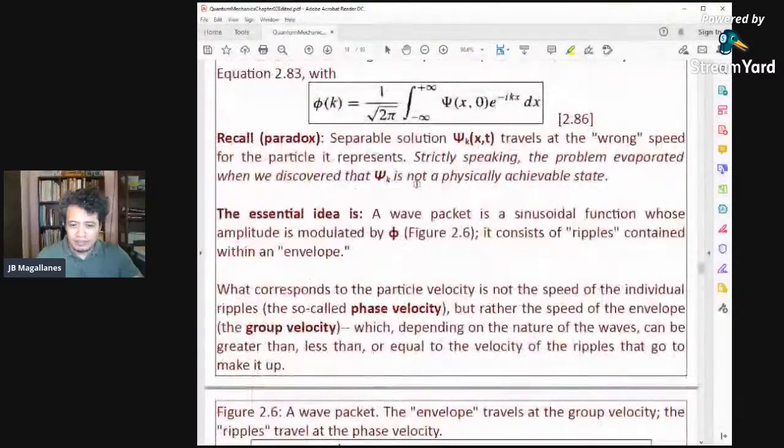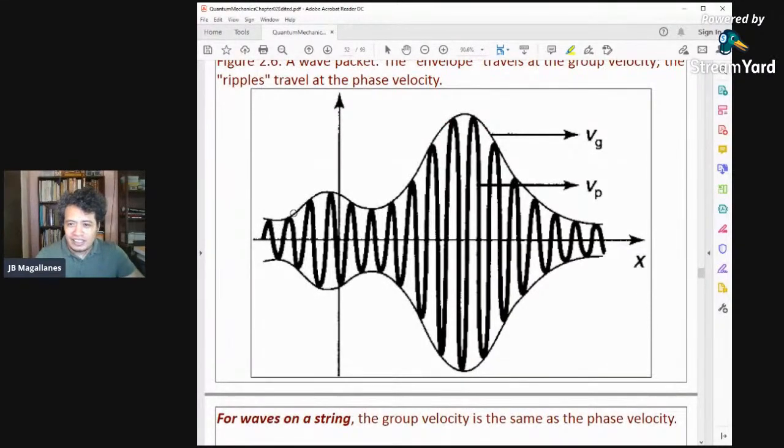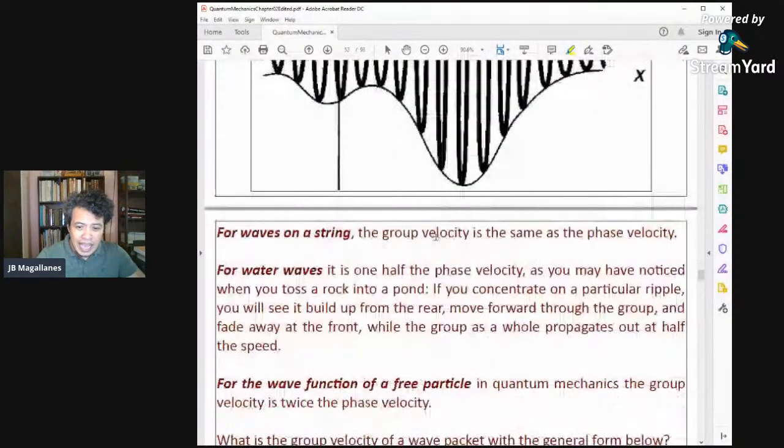And of course the wave representation of a wave packet looks like this. It's not just a single wave, but a group of waves traveling with a group velocity, with each wave traveling with a phase velocity.